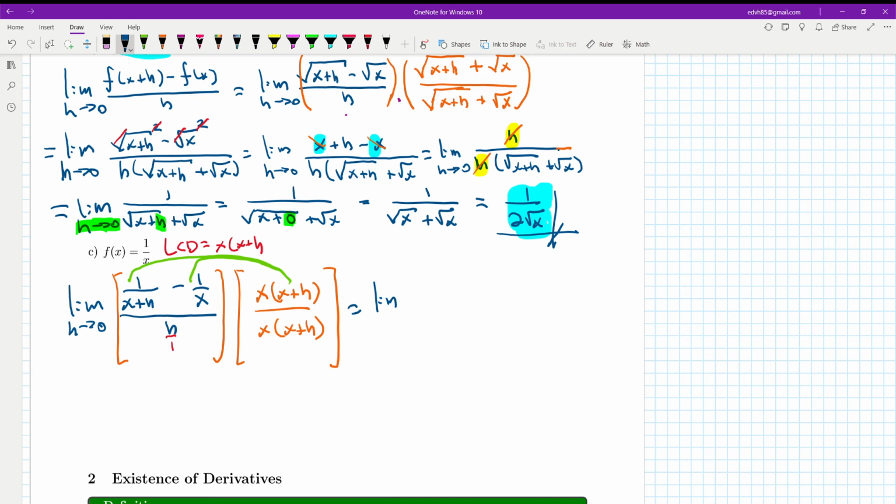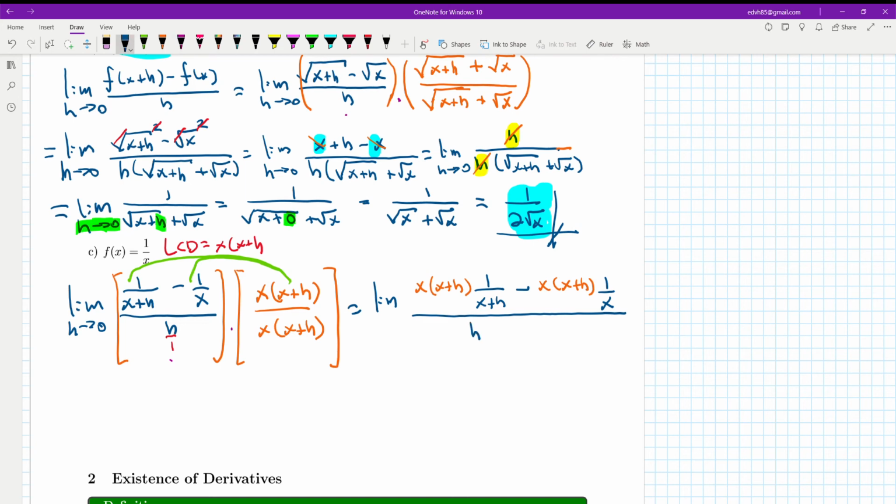Limit of x times x plus h times 1 over x plus h minus x times x plus h times 1 over x. The whole thing divided, in this case, we will just multiply across, h times x plus h. And again, do not attempt to distribute this, because if you do that, you won't be able to see what we are going to be canceling. You'll see.